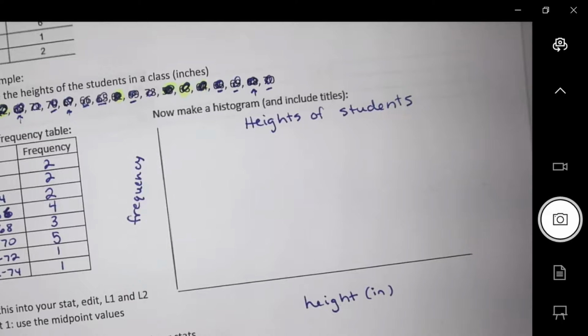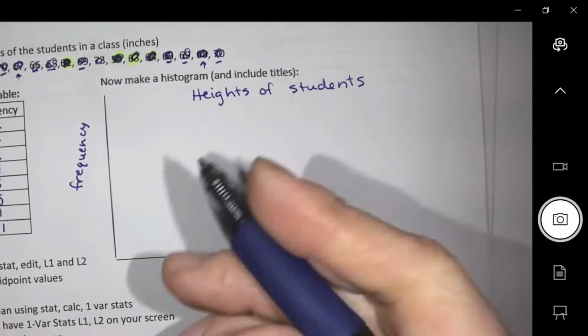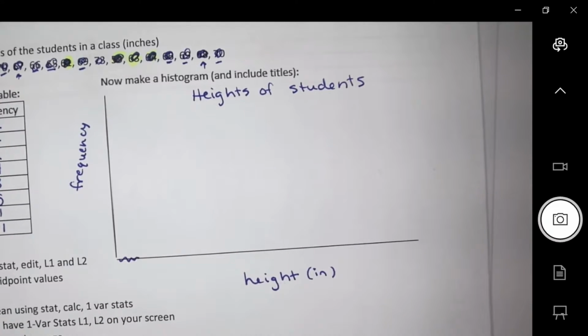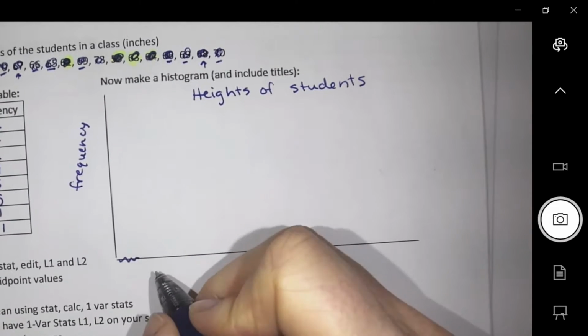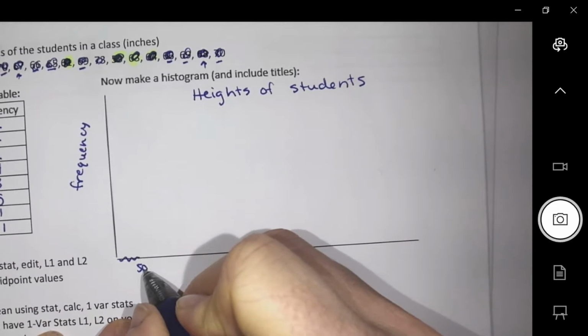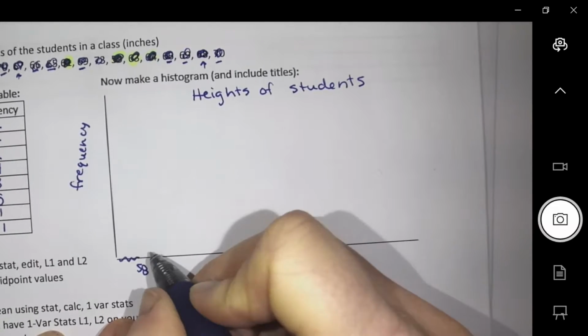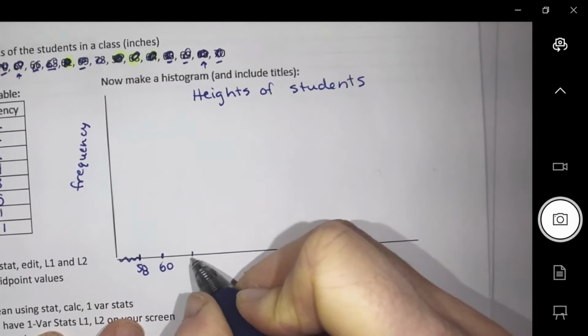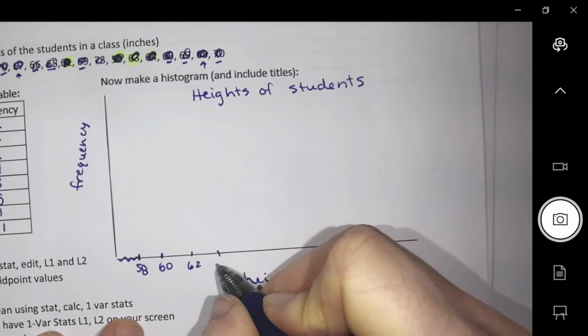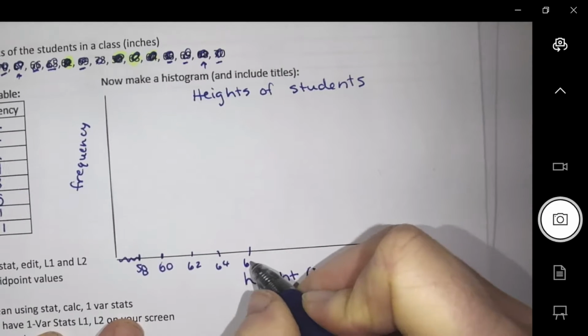Matching? Okay, so when I draw these on my graph, I'm going to put a little squiggly line. So what does a squiggly line on a graph mean? It means you're skipping a bunch, because I'm not going to start this at 0. I'm going to go 58 to 60. And then keep jumping by 2s, 62, 64, 66.